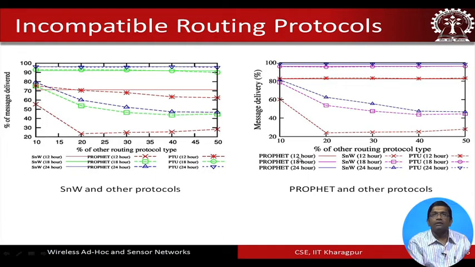Under different scenarios, 12 hours of running Prophet, 12 hours of running SNW, 12 hours of using the PTU based scheme, with the protocol translator unit being used, and so on. If we look closely at these plots, we find that the PTU based schemes perform better compared to pure SNW and pure Prophet.